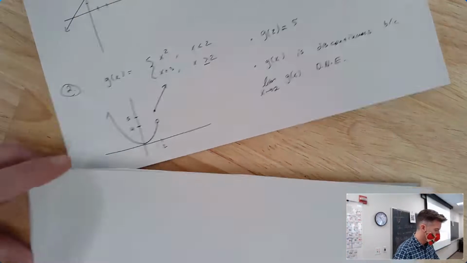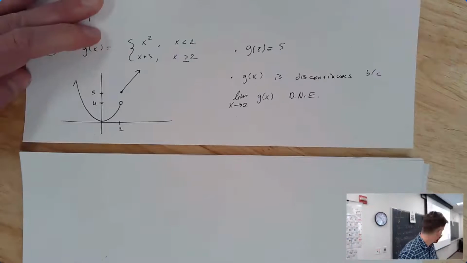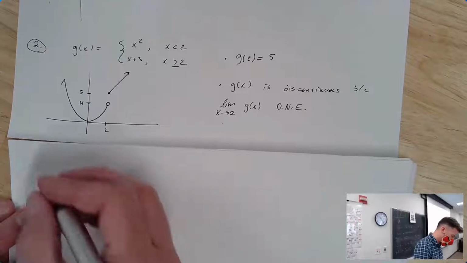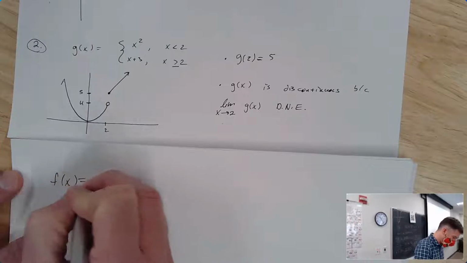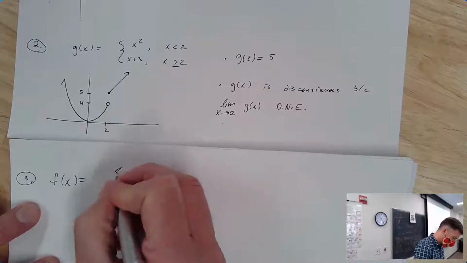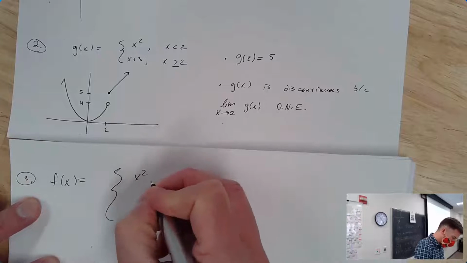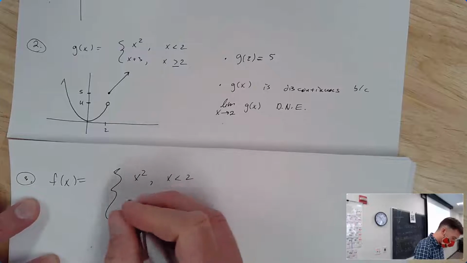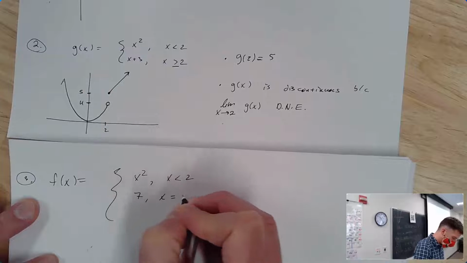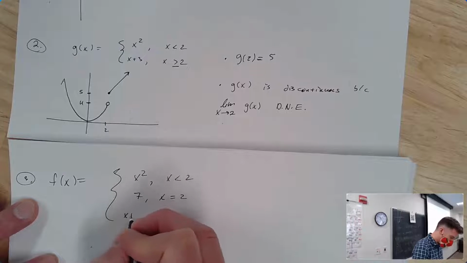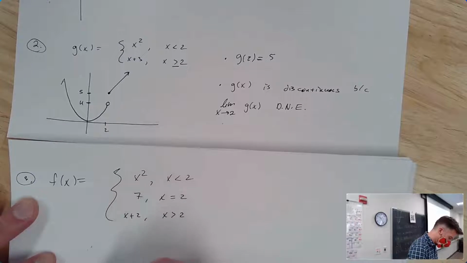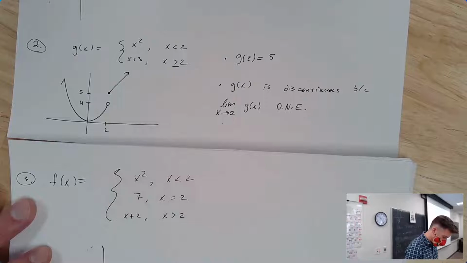So the other way a function is not continuous is by something like this. If your function is, let's say it's x squared when x is less than 2. It is 7 when x is equal to 2, and it is x plus 2 when x is greater than 2. And this one looks like this.